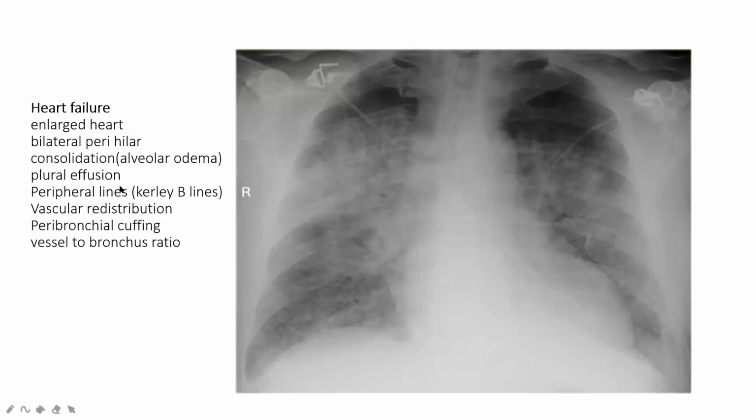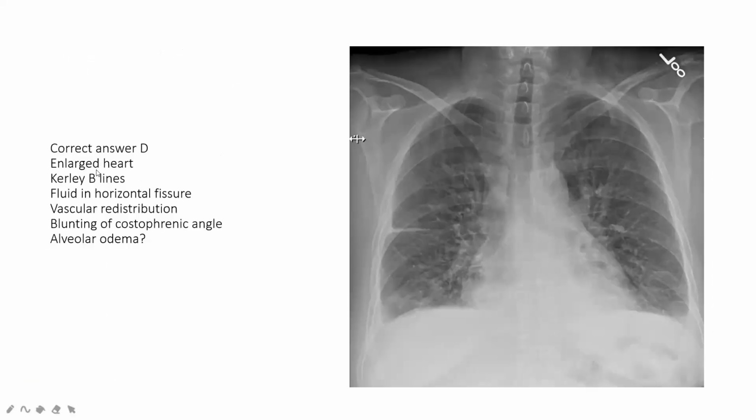The other thing that is commonly seen is vascular redistribution. In the upper half of the lungs, you would expect to see vasculature that is less prominent than the lower half. That's because of the effect of gravity.